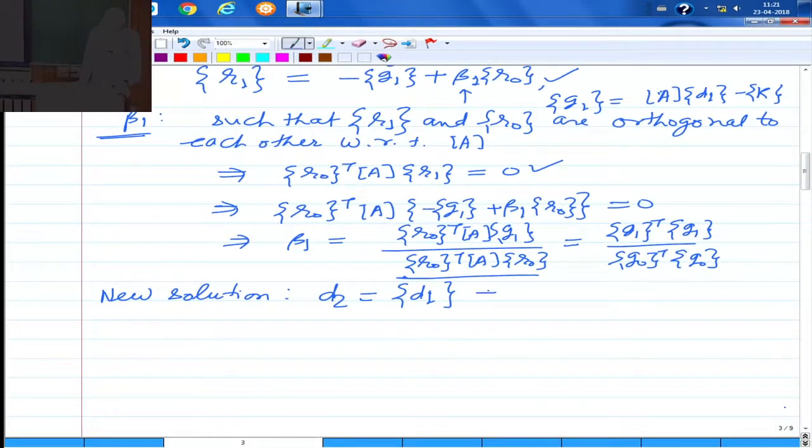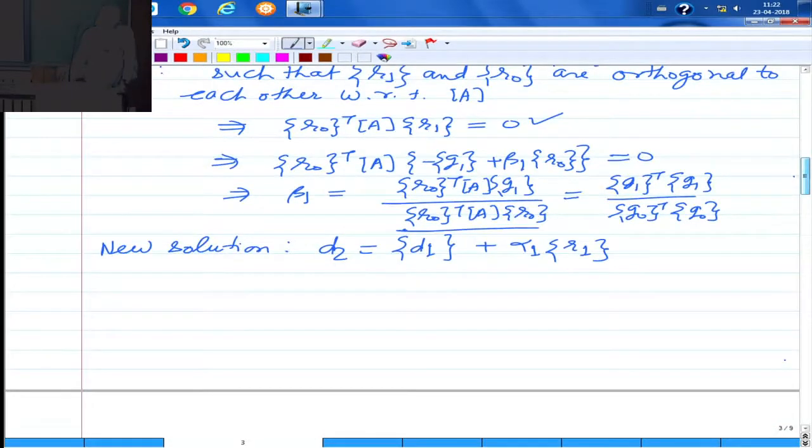So it would be D1 plus alpha 1 times R1, and R1 you now know because everything is known in that. This is the new search direction and you need to find alpha 1. Once you find alpha 1, then you know the new solution.